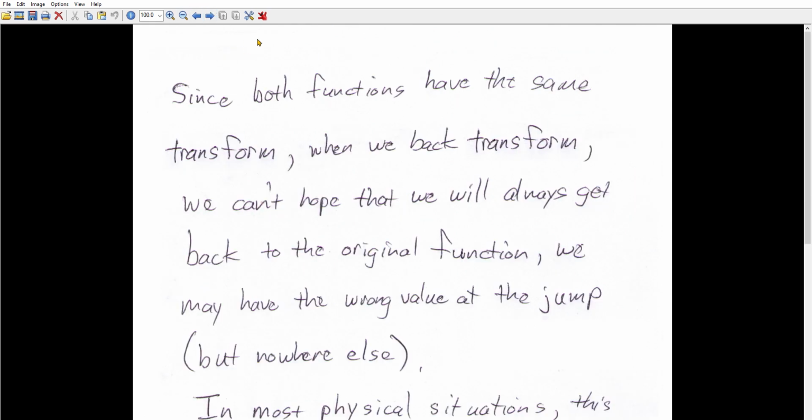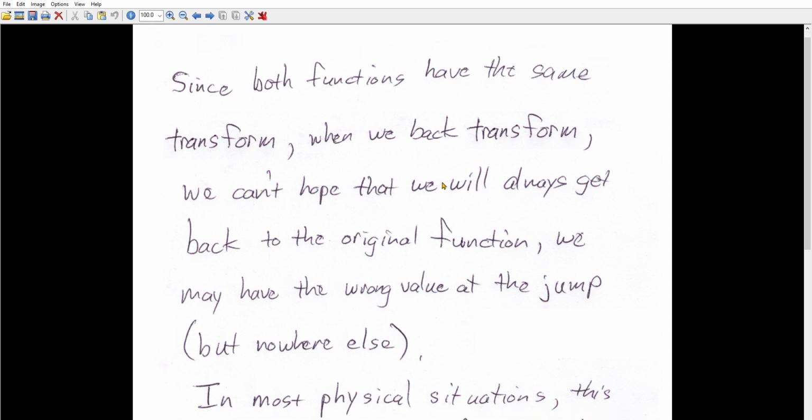So since both functions have the same transform, if we were to back transform, we could not hope that we would always get back to the original function, because two different functions have the same Laplace transform. When you inverse transform, you can't get both of them.